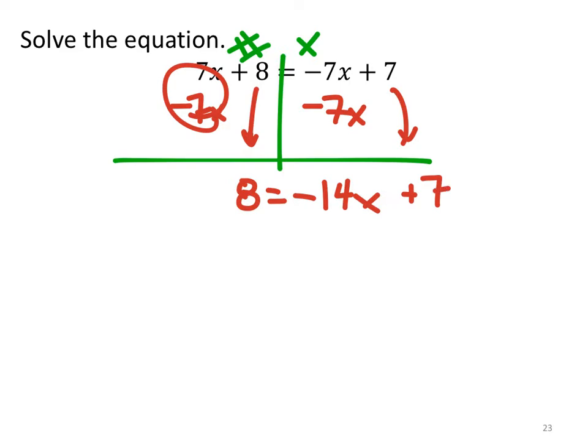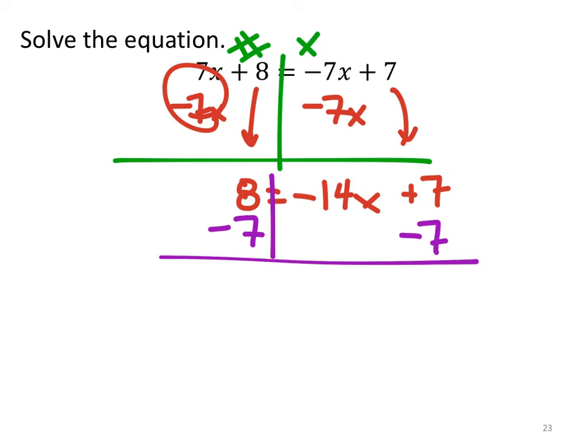So continuing to analyze this, I've got an 8, which is a number on the left side of the equal sign. And I've got negative 14x, which is on the x side of the equal sign, which is on the right. But this positive 7 does not have an x, so it's on the incorrect side of the equal sign. So I'm going to zero that out by subtracting it from itself, or adding its opposite.